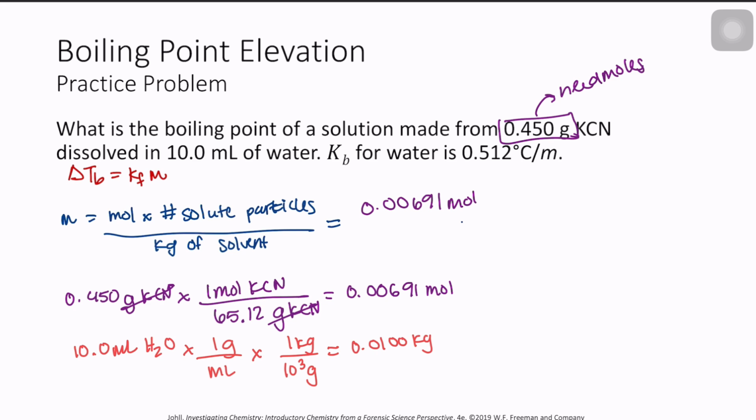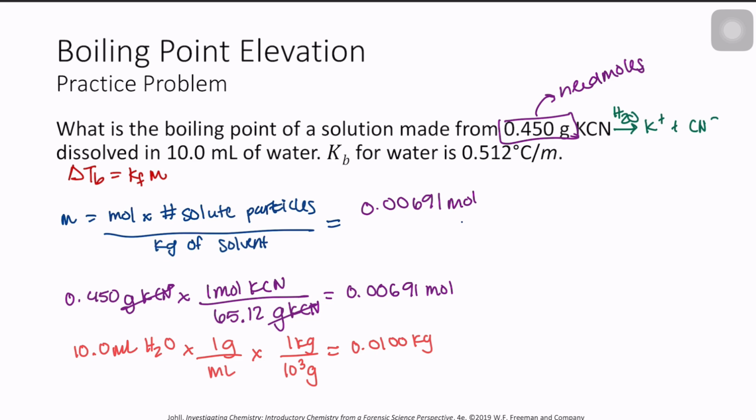Now, when KCN gets put in water, it is going to completely dissociate. And I know that because of the N rule. Potassium is in group 1, just like sodium, so it's going to completely dissociate into potassium ion plus cyanide.